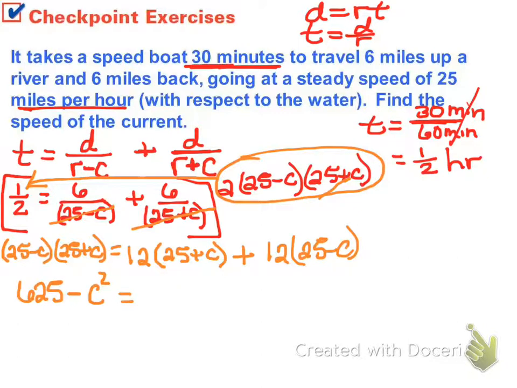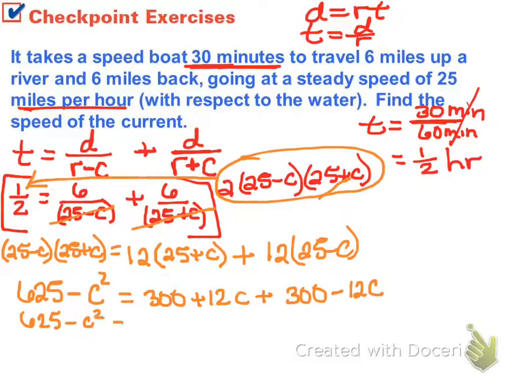On the right-hand side, let's distribute 12 times the 25, we end up with 300, and 12 times the c, plus 12 times 25 again is another 300, and then 12 times the negative c would be a negative 12c. Okay, combine like terms, so we would end up with 625 minus c squared is equal to 600.